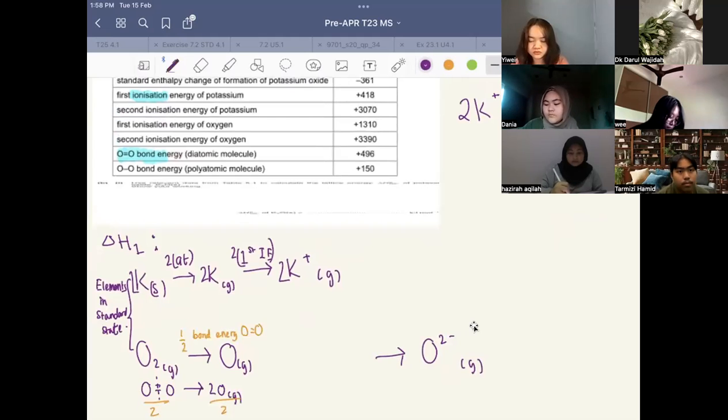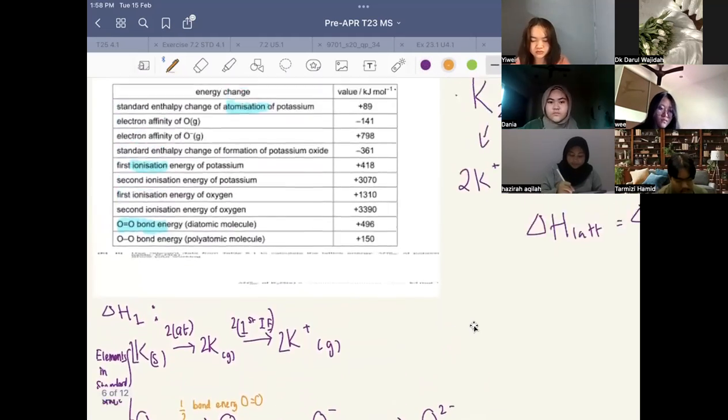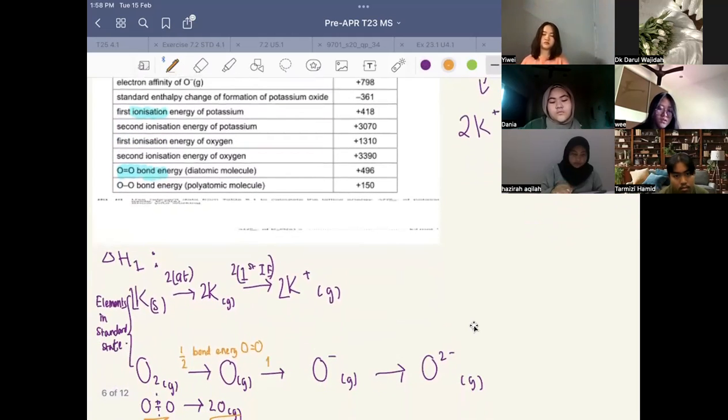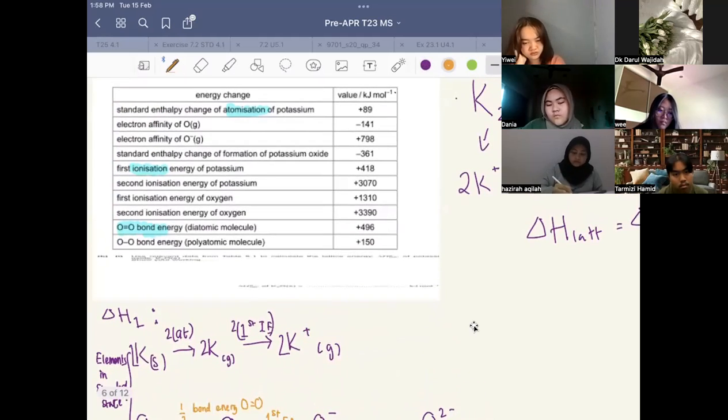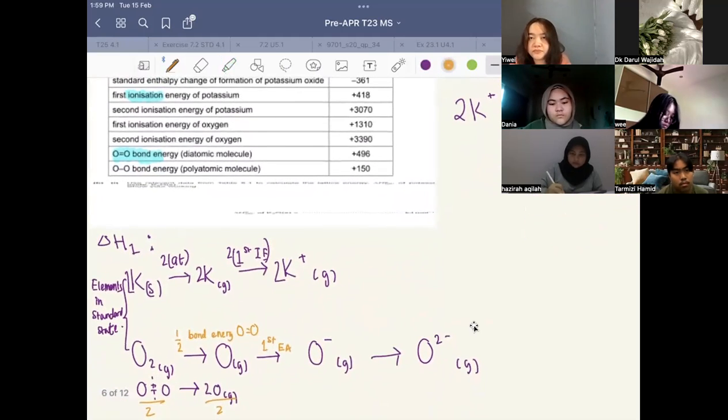Next, I want to turn my oxygen into an anion, O minus gas. That is represented by the first electron affinity, which is this one. Okay. And the second electron affinity is the electron affinity of O minus.